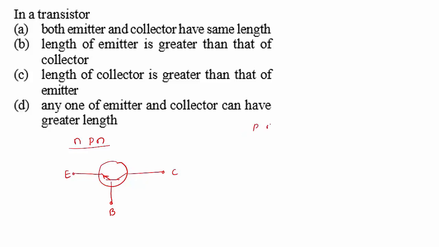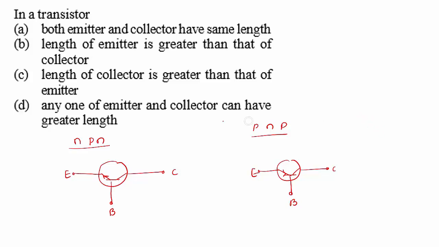Similarly for the PNP transistor, here this is the collector, emitter, and this is the base. As we know, what is the main function of the collector? It is used to collect the charge carriers in the collector region.